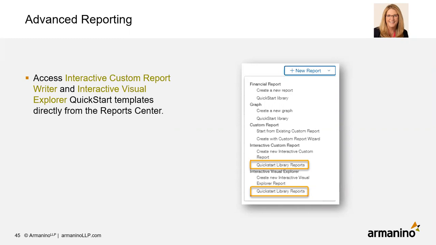Last time they released that, it showed the quick start library, and when you select your report, it does the HTML version of it. Now they're just adding on to that with the interactive custom report writer and the interactive visual explorer. Just keeps getting better. It does, absolutely.